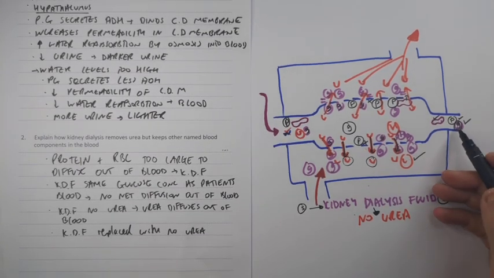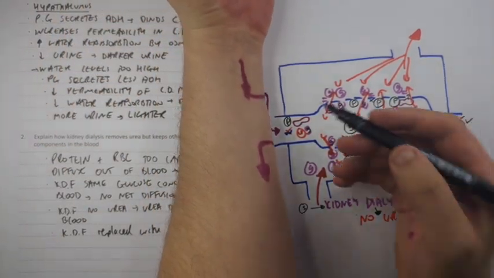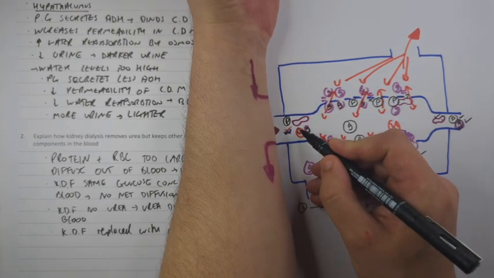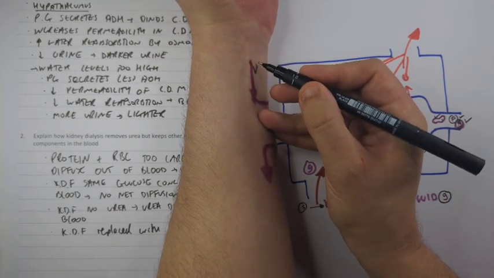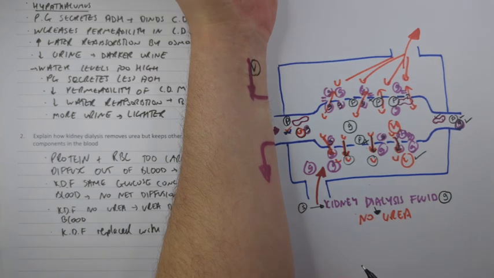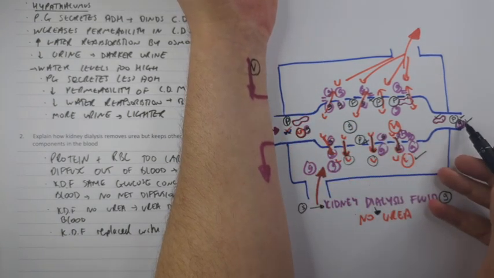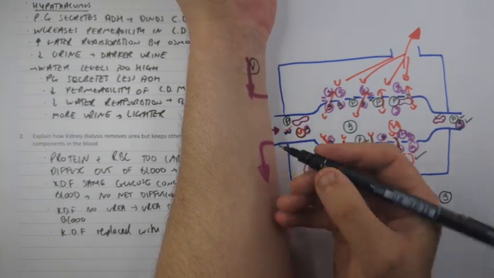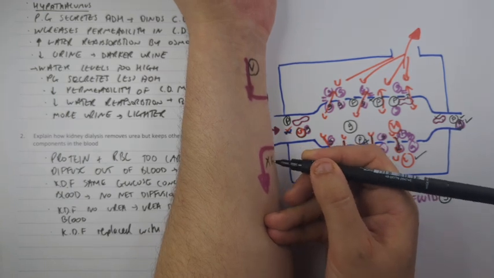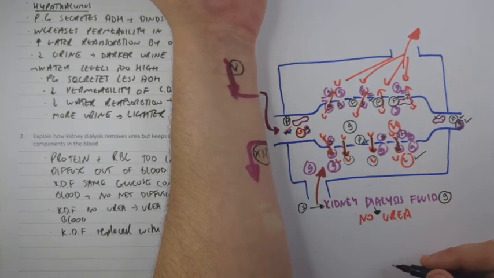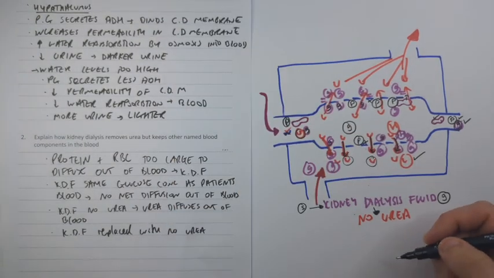And then this blood here, which is unfiltered, has urea in it. And the blood that comes back from over here has no urea. So that is how that happens.